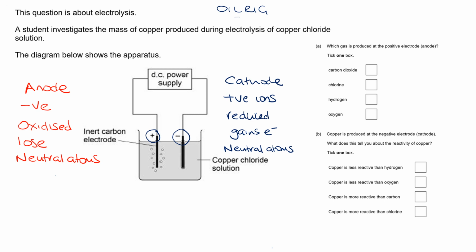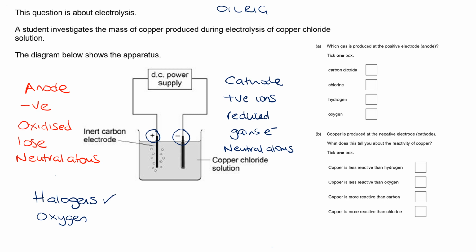So firstly, at the anode, the rule is that if there are halogens present, such as chlorine, bromine or iodine, they will be the ones that are discharged. If there are no halogens, then it will be oxygen that's discharged at the anode.